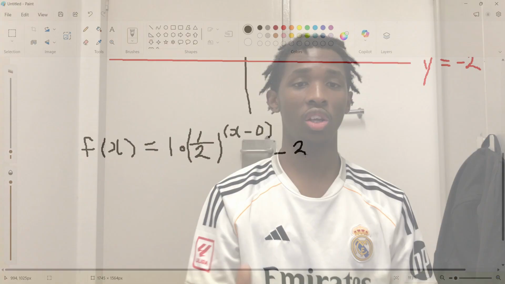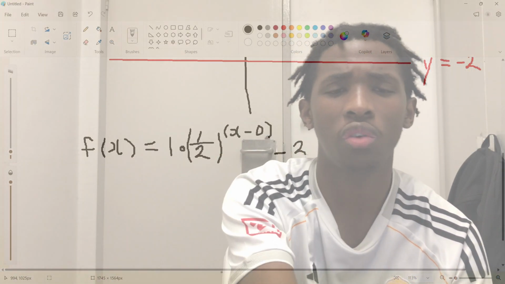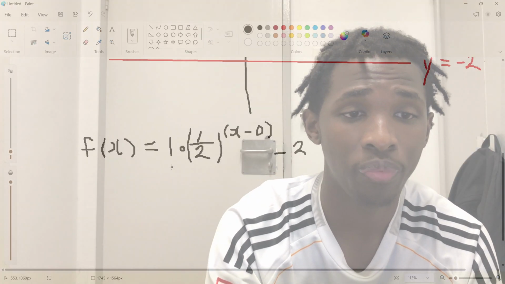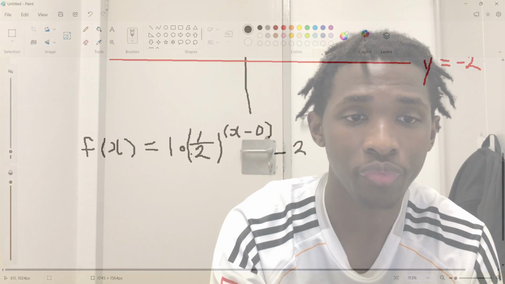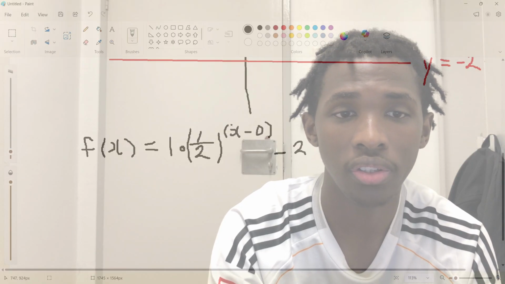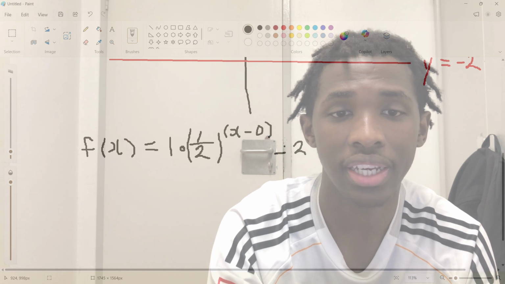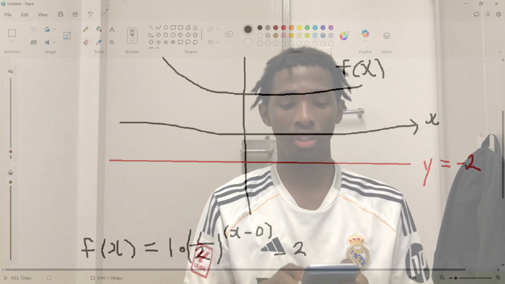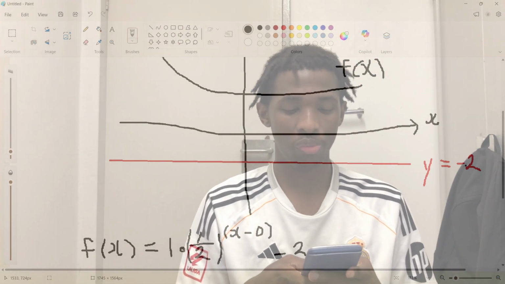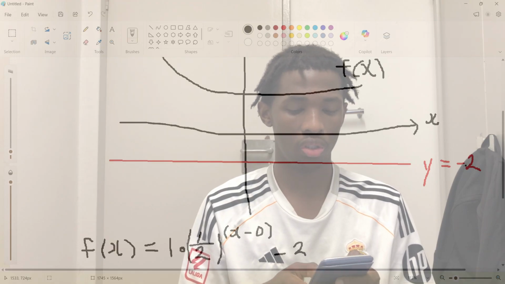If you're wondering where you find this: this is a, our a is 1, this is our b, which is a half. Then it's raised to the power of x minus 0. This is our p, and this is q, which is the -2.